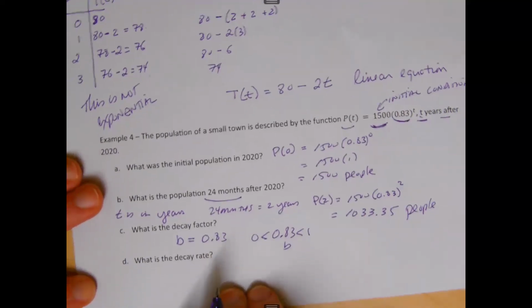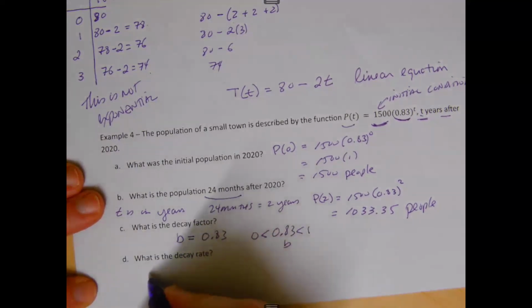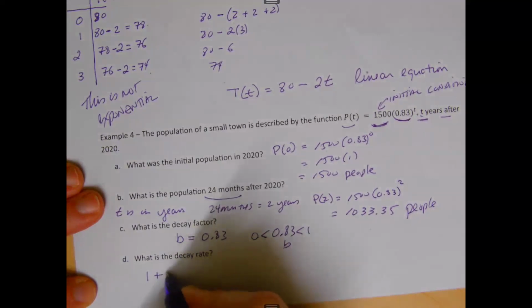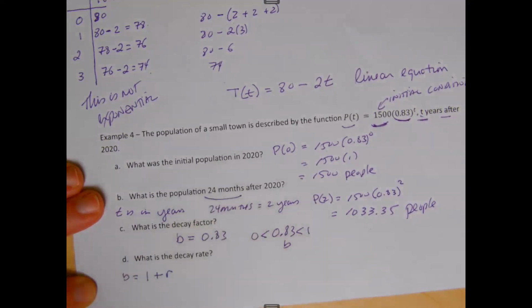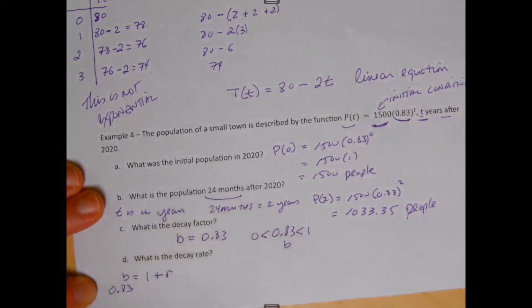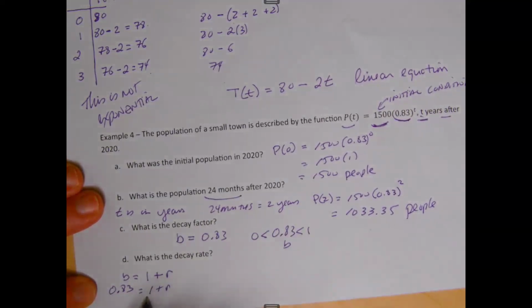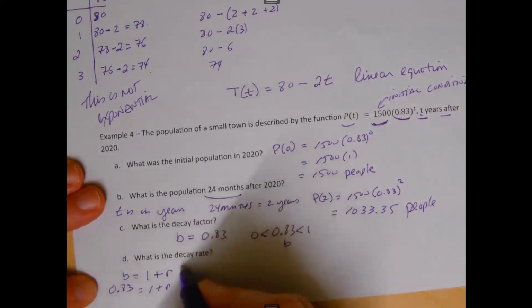Now, what is the decay rate? Good question. So we have that b is equal to 0.83. It's 1 plus r. So to get r, I need to subtract 1 from both sides.